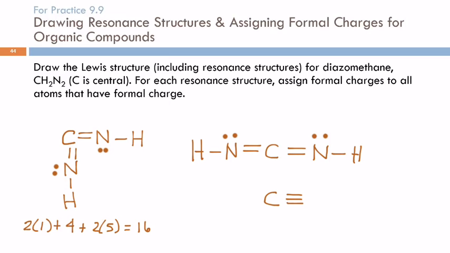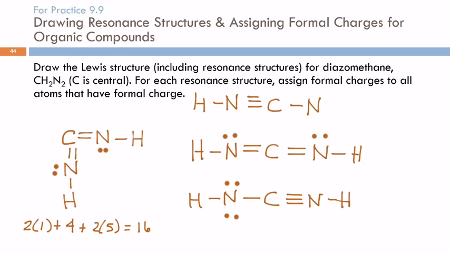So let's try a triple bond over here and a single bond over there. That works with the octet rule, but then we should also try it the other way. Good?